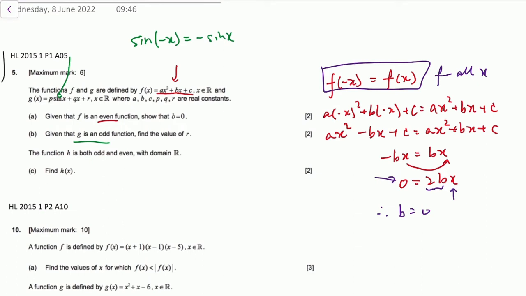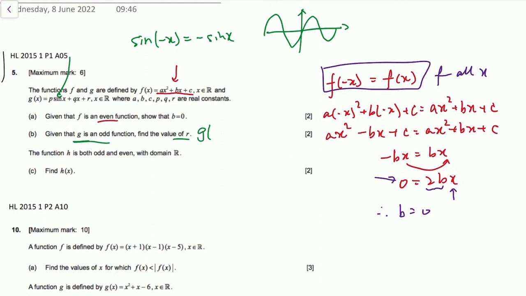Explanation would be in the trigonometry course, but you can also kind of see that from the graph of sine. You can see that if you reflect this graph along the x-axis, it will be the same as reflecting the graph in the y-axis. Okay, and they tell you that g is odd. From that, you find out, well, probably 0, right?